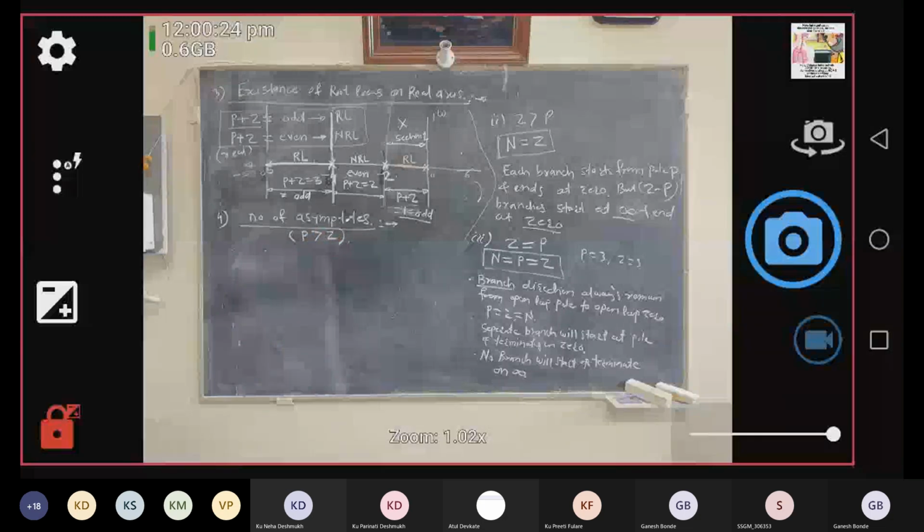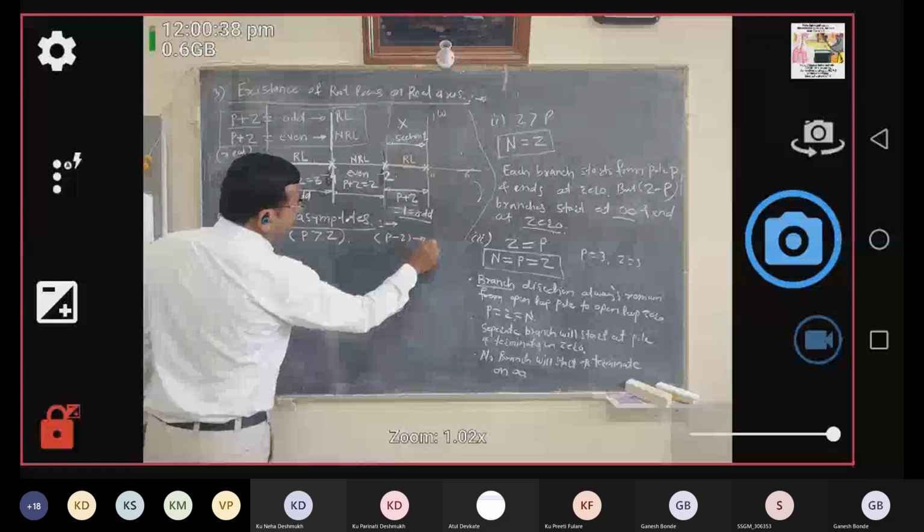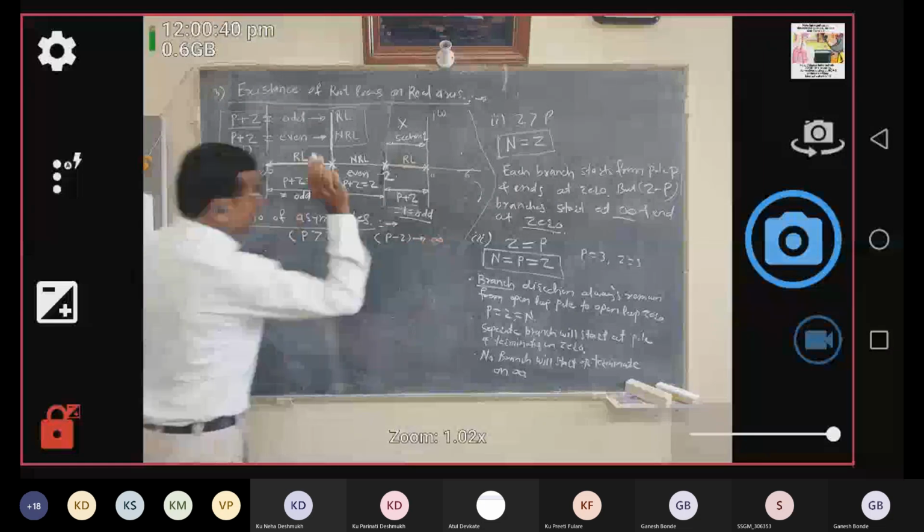When this condition arises, at that time only asymptotes are present. So we have already seen in step number 2, when p greater than z, at that time p minus z branches are approaching to infinity. So जितनी branches infinity को approach हो रही है, that much number of asymptotes are present.